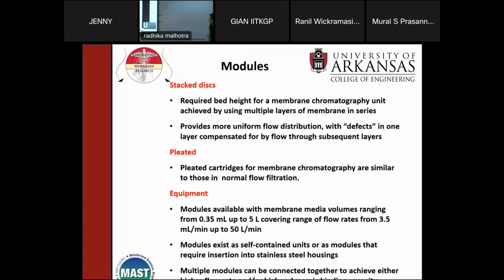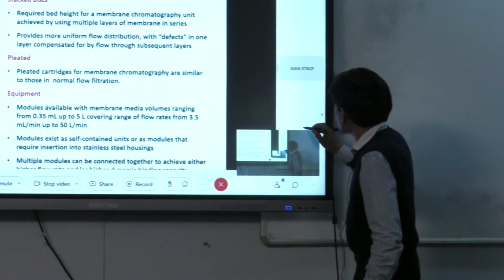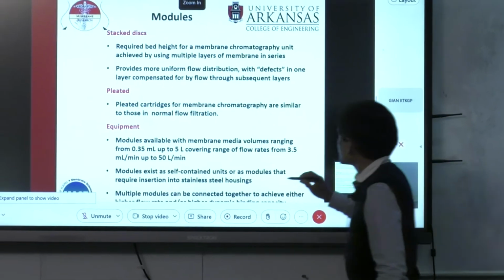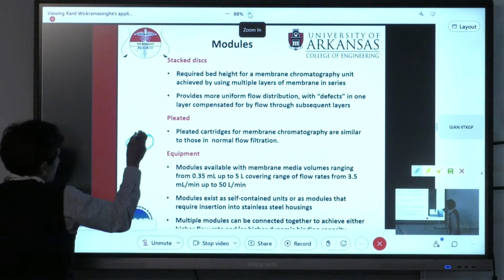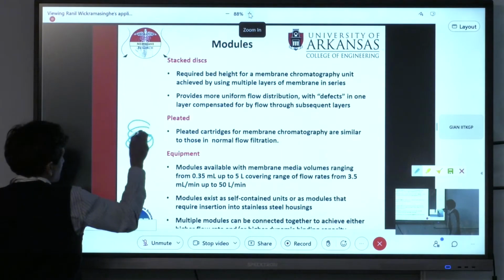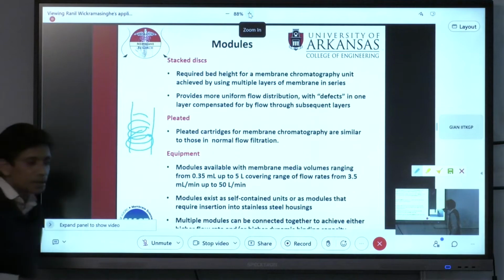Okay, how do we make these membrane devices? Well, we can have stacked discs, and the stacked discs are an interesting idea because you can take one disc and put a second disc and a third and a fourth and a fifth like this and stack them up. Why is that useful?